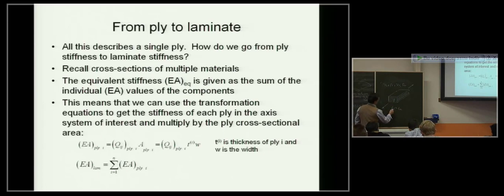Now the strain in the ith layer is the force in the ith layer divided by the E of the ith layer times A of the ith layer. Because force divided by area is stress, divided by Young's modulus gives me the strain.